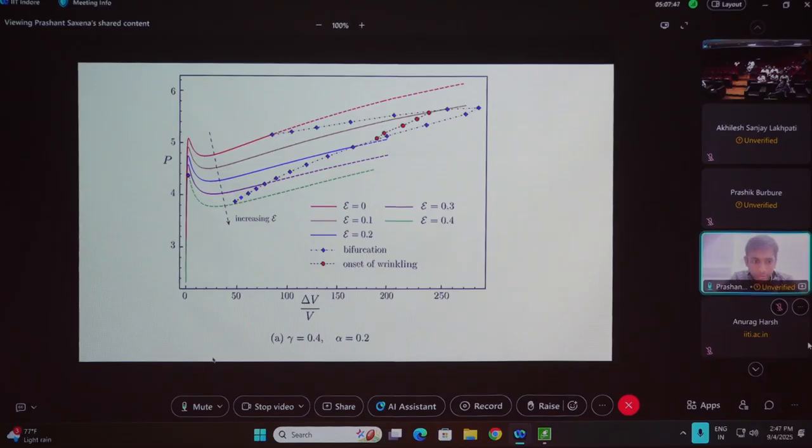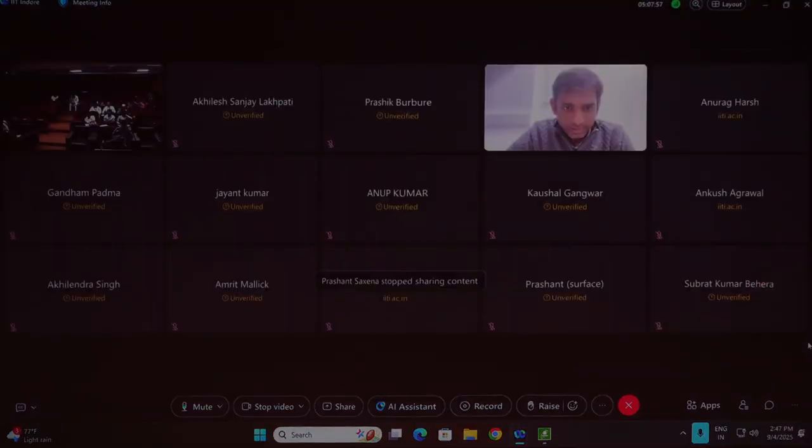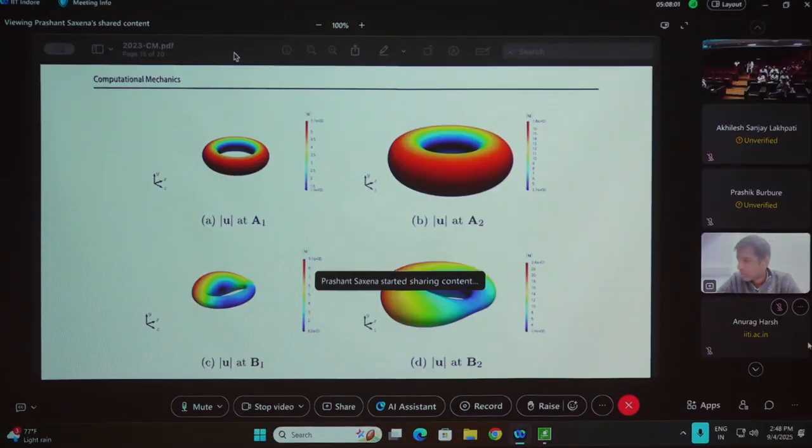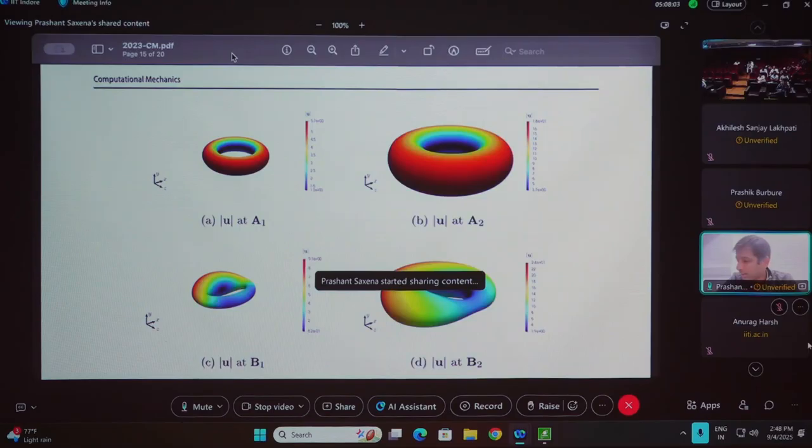And just to give you a visual understanding of what I was talking about, I'll share a different document. So this is what I have done using finite element simulations, and exactly this is the type of instability I'm talking about.